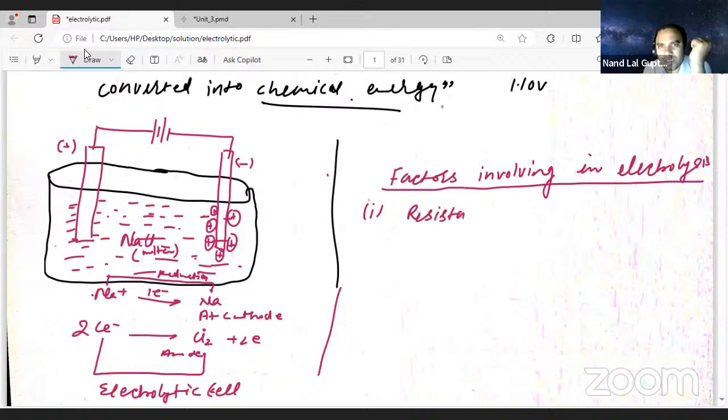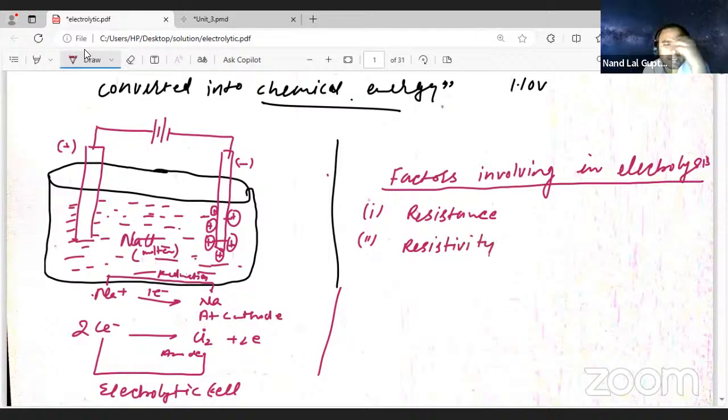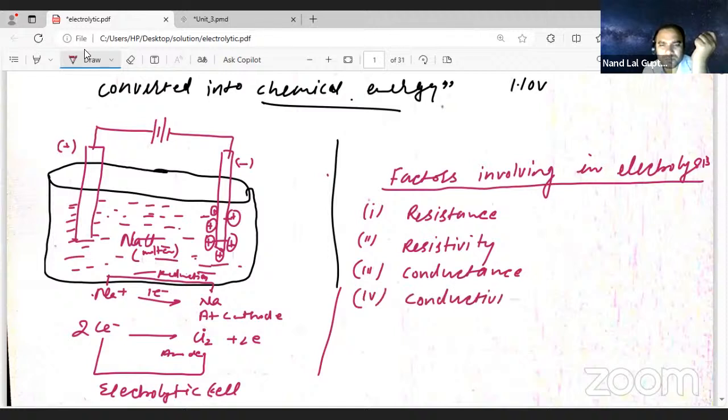The second one is resistivity. Third is conductance. Fourth is conductivity. Fifth is the cell constant.